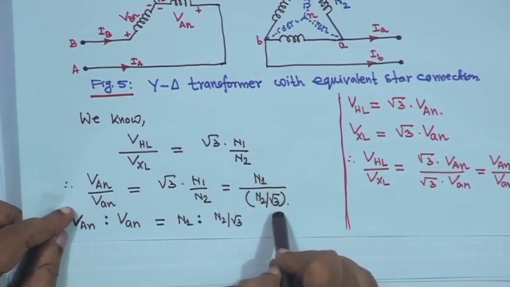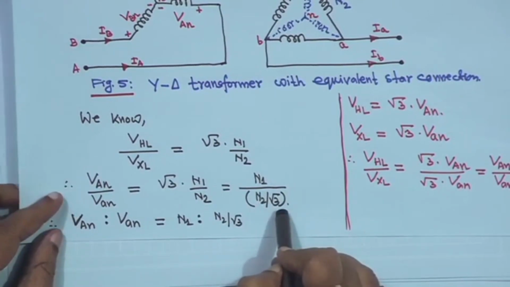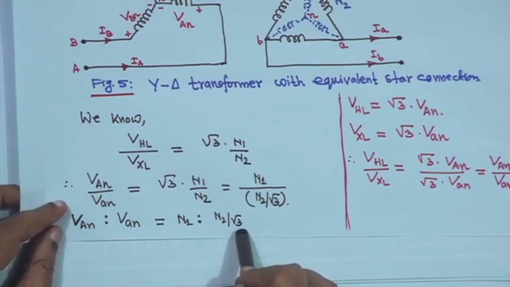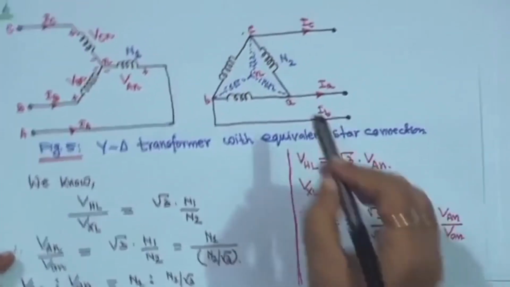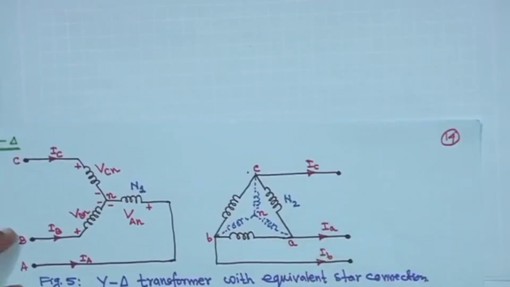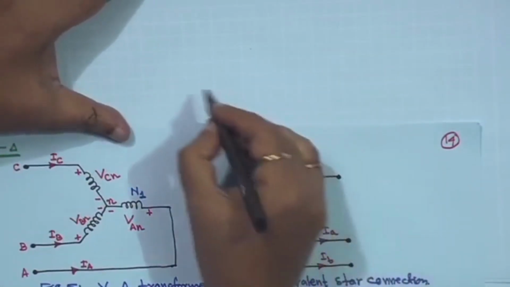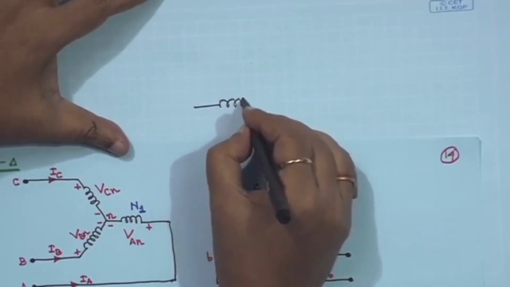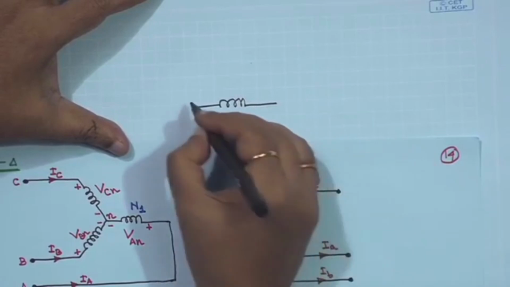That means it is N1 divided by N2 upon root 3. VAN is to van as N1 is to N2 upon root 3, as if this turn was N2, meaning is something like this. I am redrawing for you here.